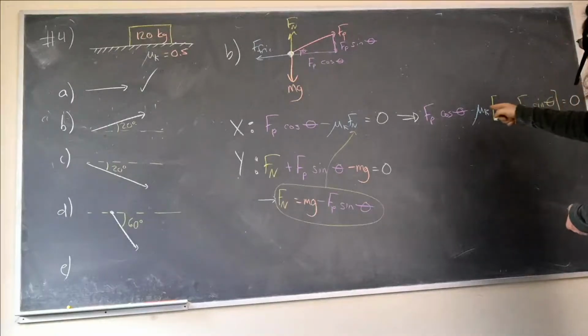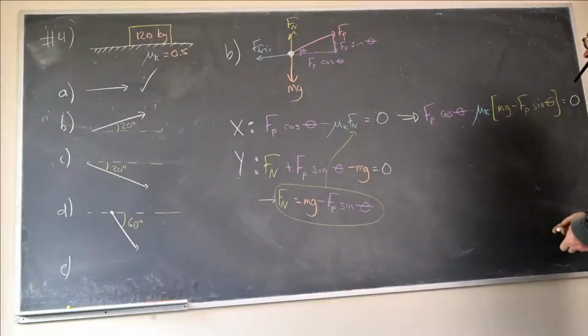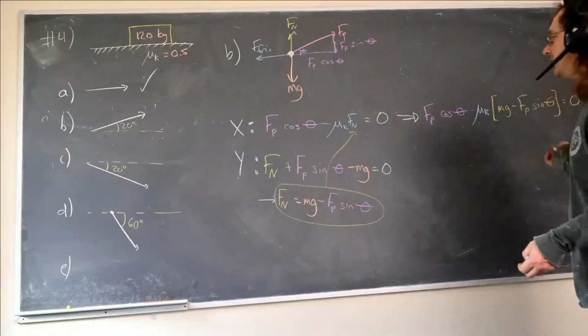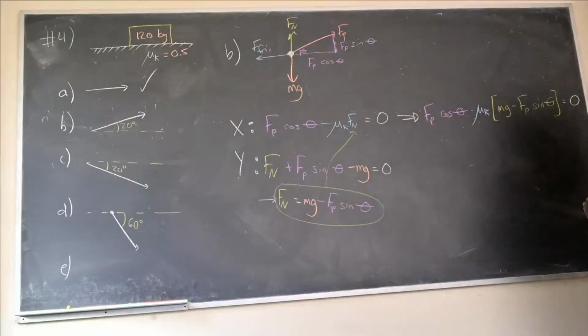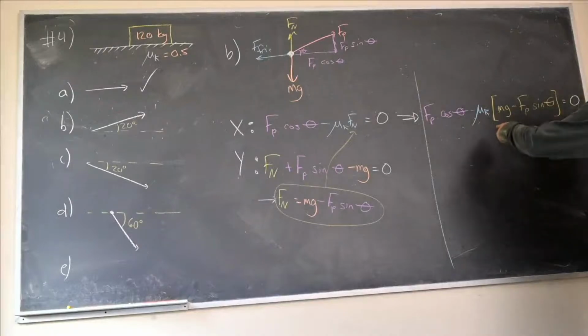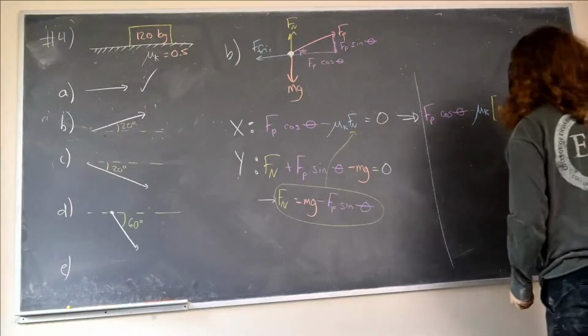So now I've got to solve for Fp here. So do that by collecting all of the terms that have got Fp in them and putting everything else on the other side of the equation. So what do I have? The term that has to go over there is mu k mg.